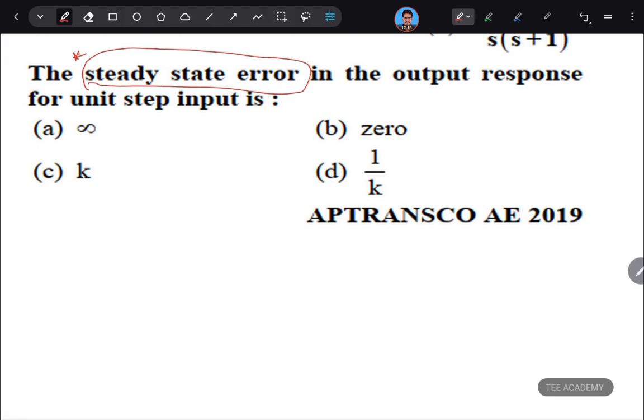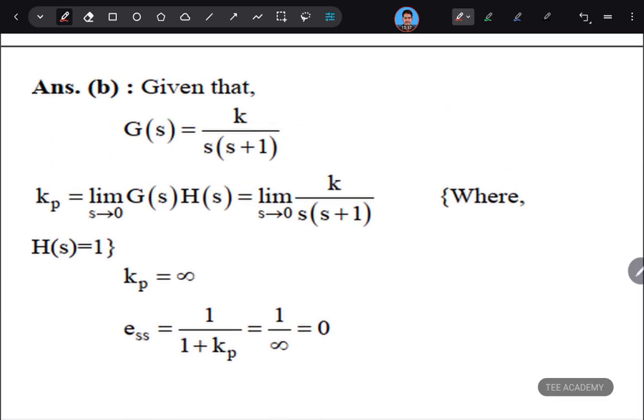So let's solve the problem here. Given that G of s is equal to k divided by s into s plus 1, this is a first order type 1 system. So Kp is equal to limit s tends to 0 of G of s into H of s. Limit s tends to 0, k divided by s into s plus 1, where H of s is nothing but 1. How did we get this?